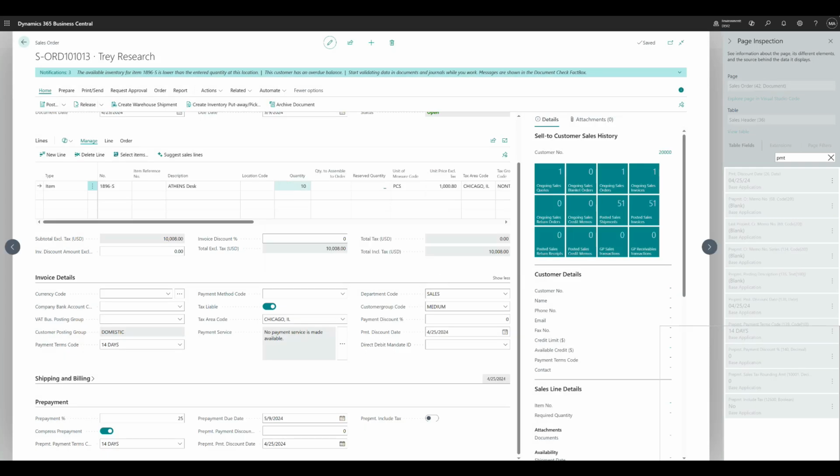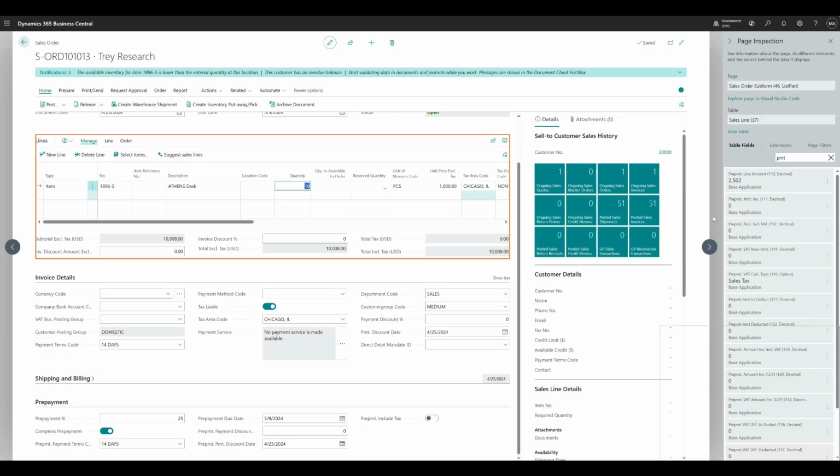If we click on the line, we can see here the prepayment percentage 25. So we can see how from the header the lines were changed as well.